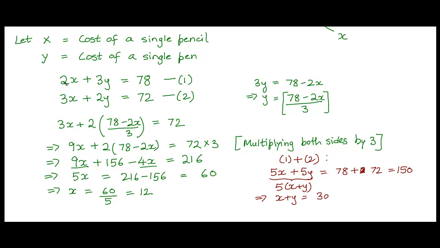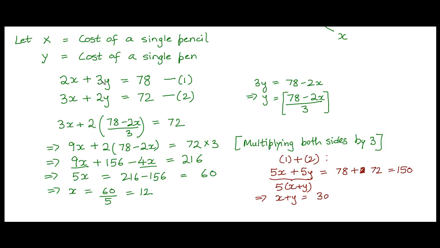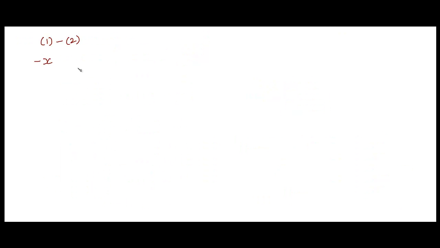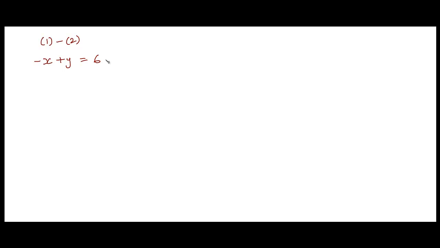Similarly, if we were to subtract the second equation from the first, on the left hand side we would have 2x minus 3x, which would be minus x, and 3y minus 2y, which would be plus y, equal to, on the right hand side, 78 minus 72, that would be 6.